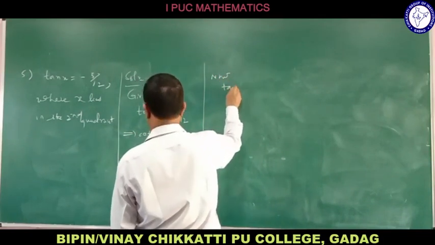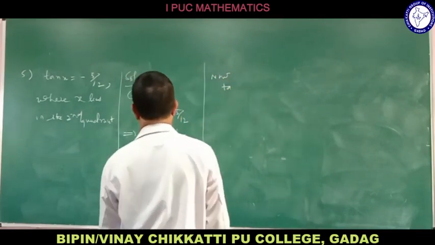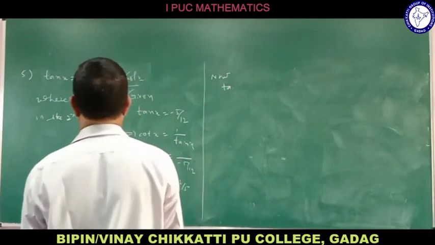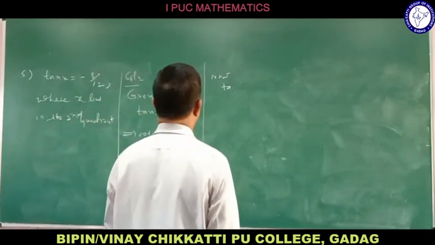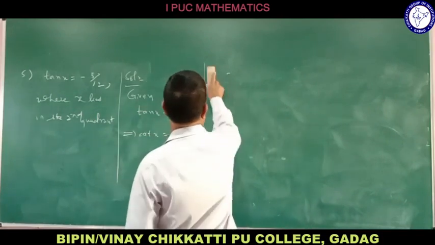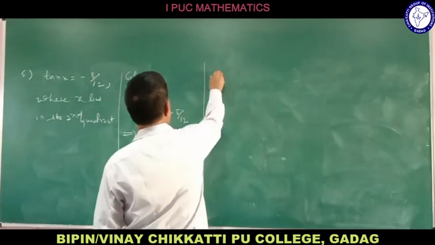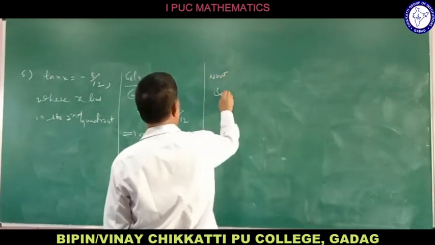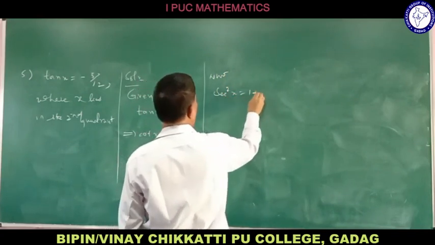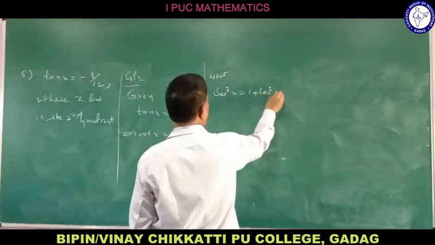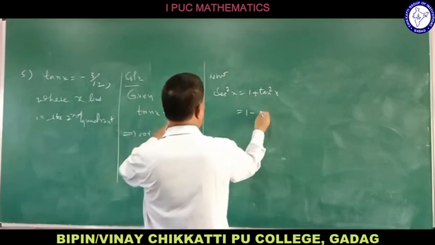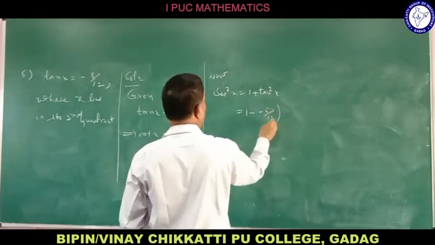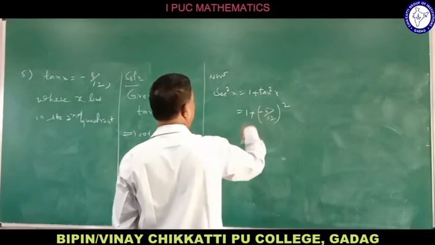Here only tan x is there, and sin x is not there. So tan x is there, cot x is there. So how to find out the other functions like sin x? We have the only one identity, that is secant square x is equal to 1 plus tan square x, and 1 plus tan square x is how much? 1 plus minus 5 by 12 whole square.